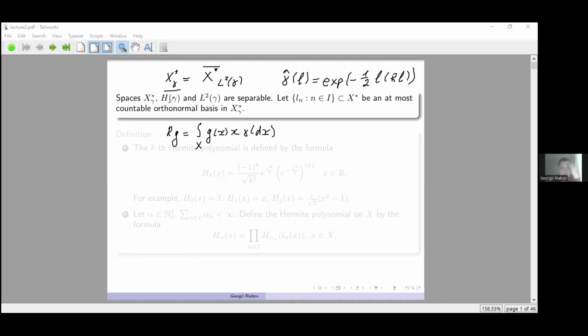Also, we introduced the Cameron-Martin space, H gamma, that consists of vectors for which the norm, which is equal to the supremum of L of H, such that L RL less or equal to 1, is finite.